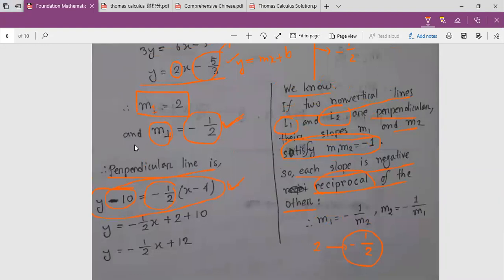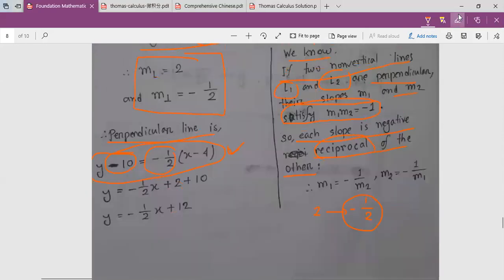The slope of the new line that we are going to draw will be minus 1/2, not 2. This is something tricky, and you might make some mistake here. For our final line, our slope will be minus half, the reciprocal m.